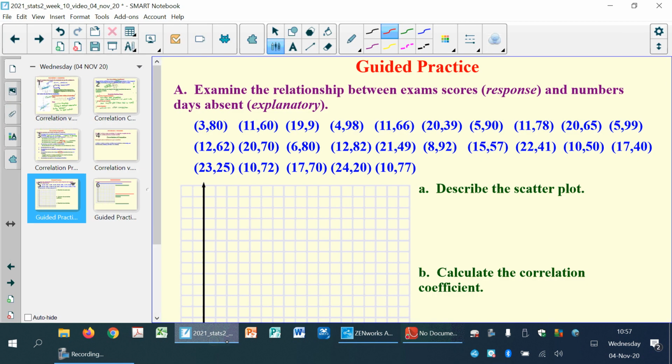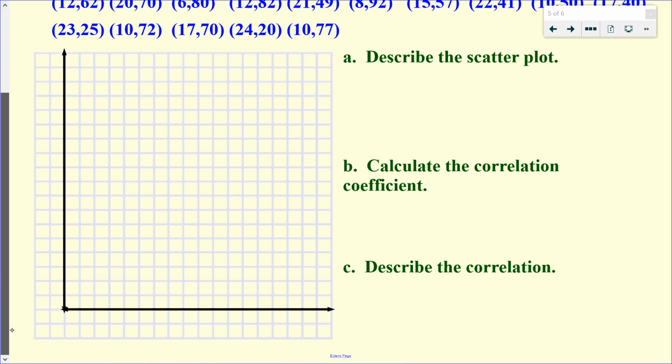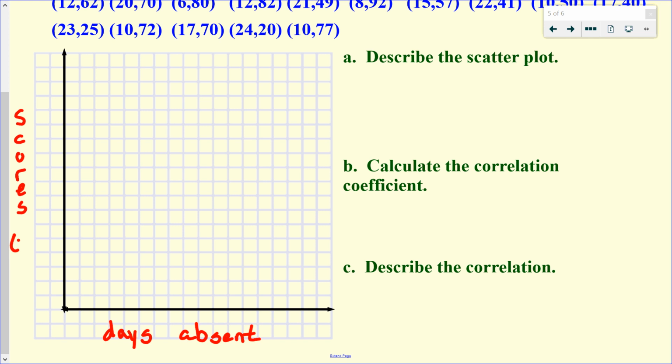So if we go back to our sheet here, we're going to put days absent down here, and we're going to put the scores here. These are in percents. These are just days.